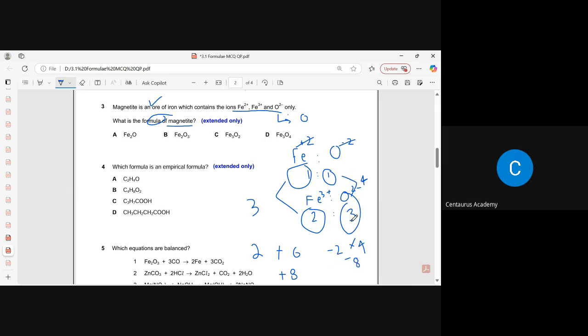A total of 4 oxide ions were present, right? 4 times -2 is -8. So the positive and negative charges balance on both sides. This means the ratio of Fe to oxygen would be 3:4. So option B is the correct one here. Are you getting my point? Since the compound is completely neutral.